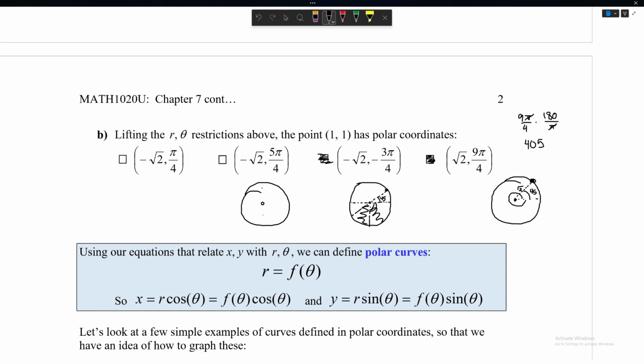Now if I do 270 minus 225, or 225 minus 180, both work, what I'll get is 45 again. So I have 90 here, and I got 45. But this is negative, so I'm in the opposite direction now. And I'm in the same position. So this is the same.